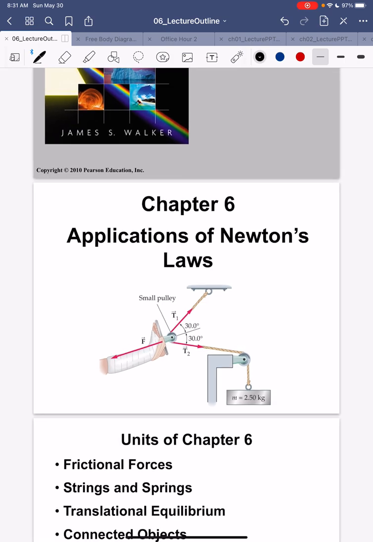Remember, we did cover in chapter 5 Newton's first law, Newton's second law, Newton's third law, and now we will talk about the applications. Then we are going to have a physical situation where we might apply one of these laws, two, three, whatever, it depends.